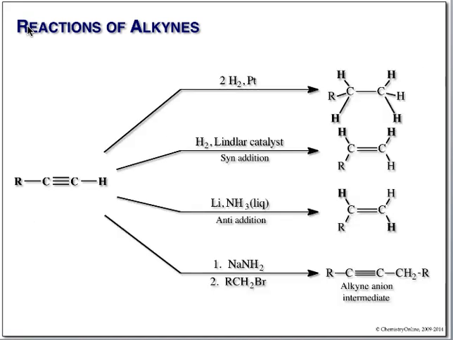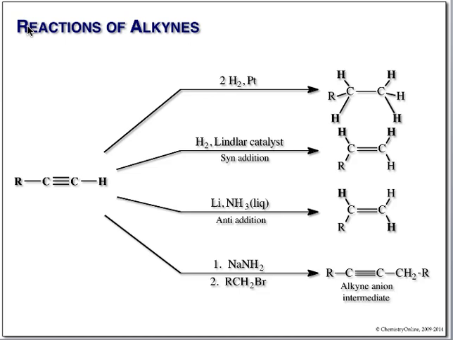Reduction. Simple. We did reduction with alkenes. We just make alkanes out of them. There are two unique reactions of alkynes for reduction. They're both partial reduction. One we'll see is going to give us cis addition. The other one will give us a trans addition.